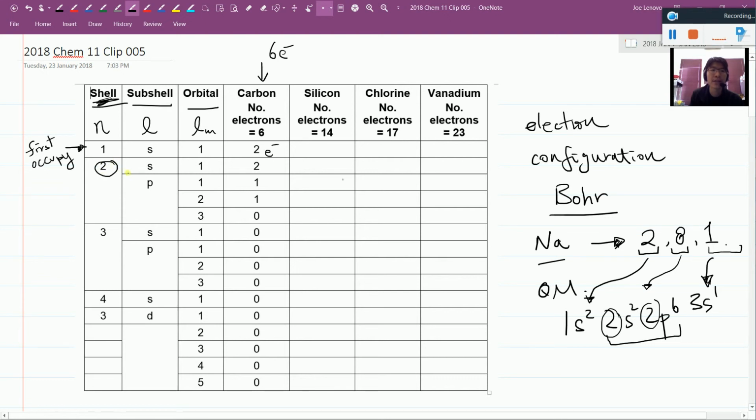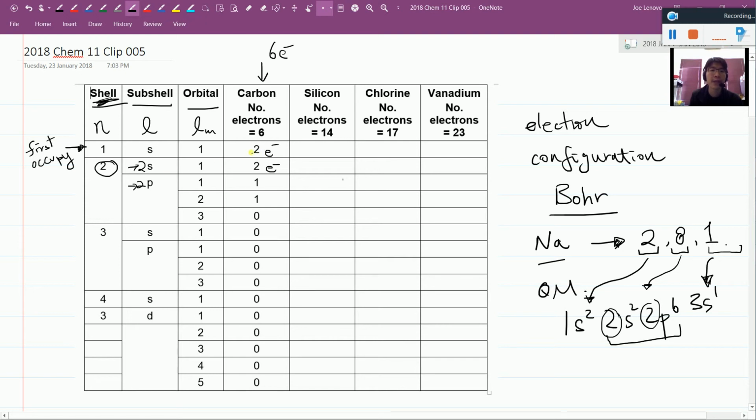In the second shell, n equals 2 means that you have two subshells, that is 2s and 2p. In 2s, you have only one orbital, and each orbital can hold two electrons. s has a lower energy state, so we put two of the electrons in that s subshell.